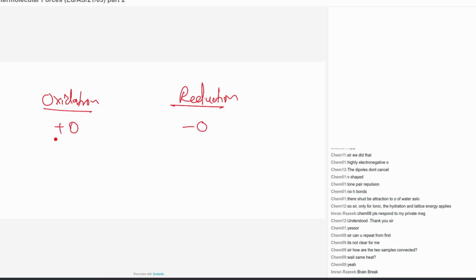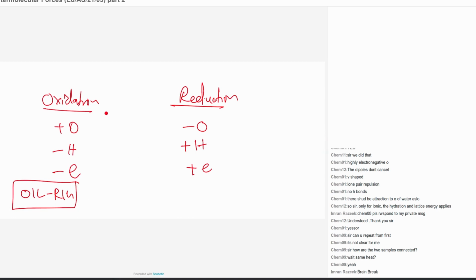Also, oxidation can be defined as losing hydrogen, reduction is gaining hydrogen, or in terms of electrons, oxidation is loss of electrons, reduction is gaining of electrons. For that, remember the term OIL RIG, like offshore oil rigs extract crude oil. OIL stands for oxidation is loss of electrons, and RIG is reduction is gaining of electrons.